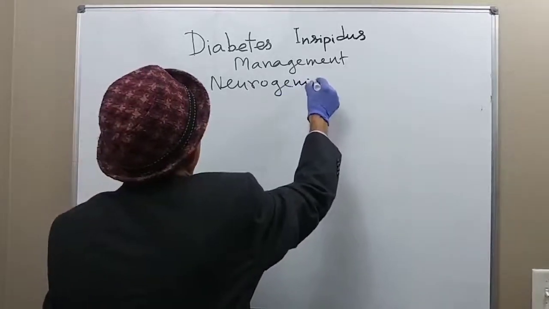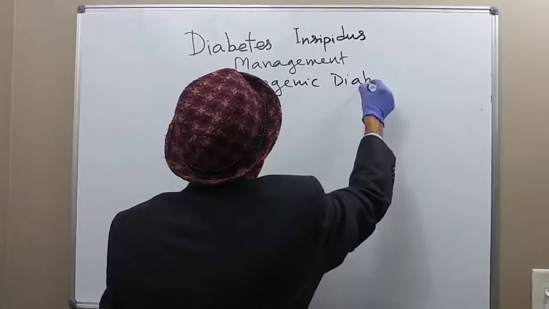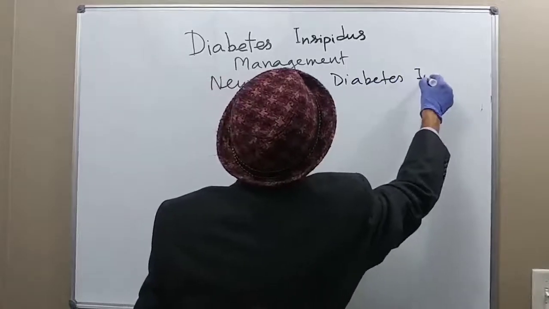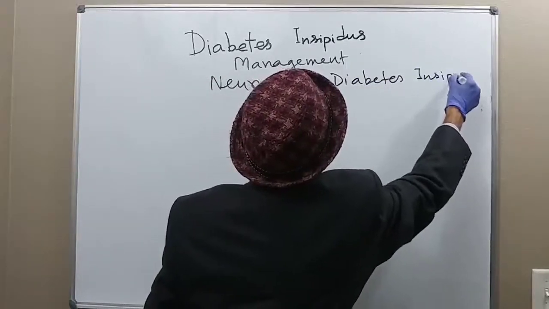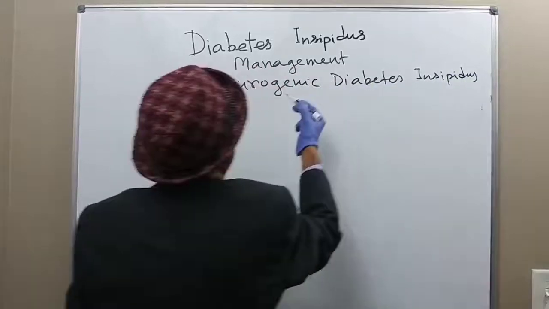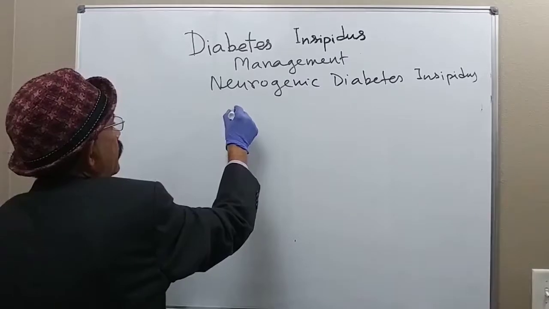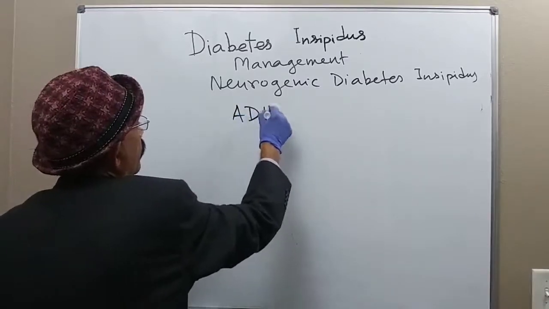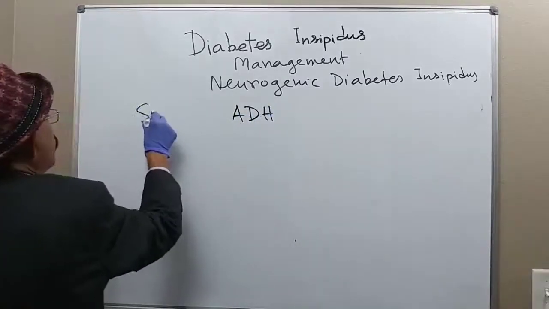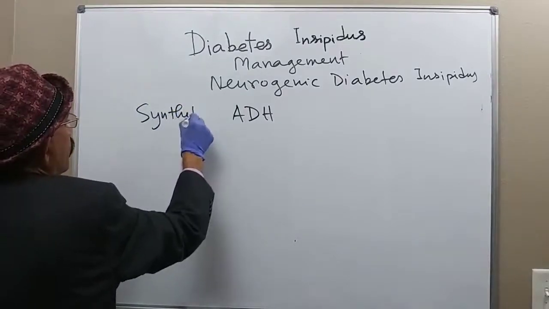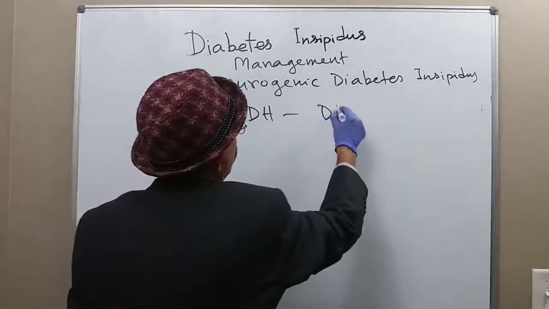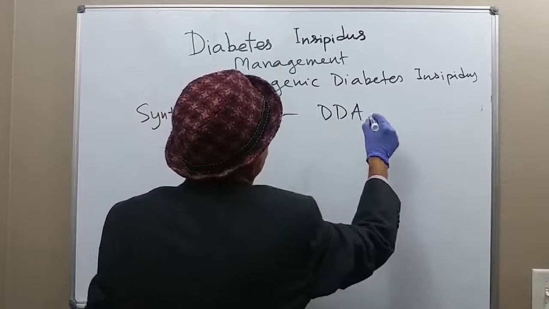Neurogenic diabetes insipidus should be treated by means of synthetic ADH, like DDAVP.